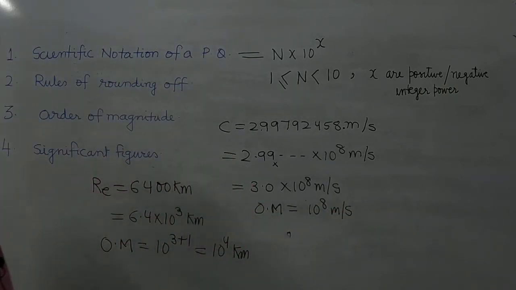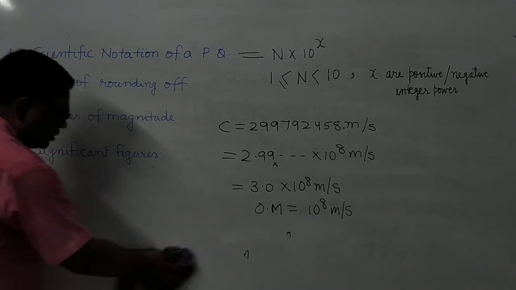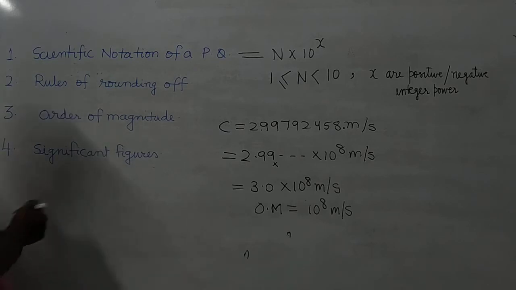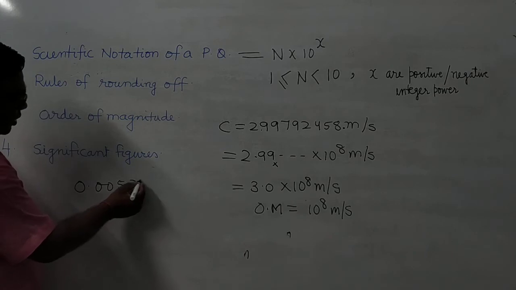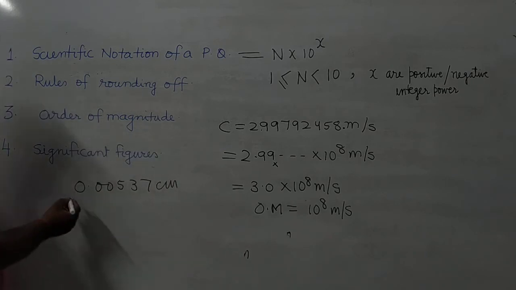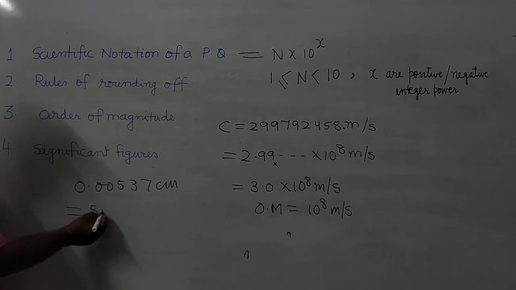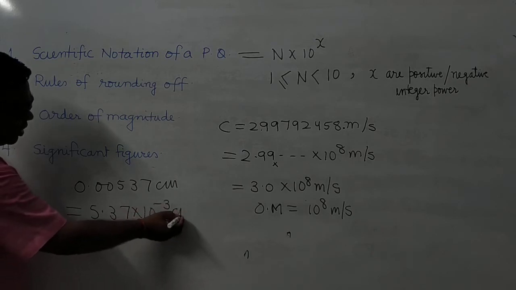Then take one more example in which the magnitude is less than 1. Suppose it is 0.00537 centimeter. When you write it in scientific notation, you shift the decimal point to this side, so it is 5.37 into 10 to the power minus 3 centimeter.